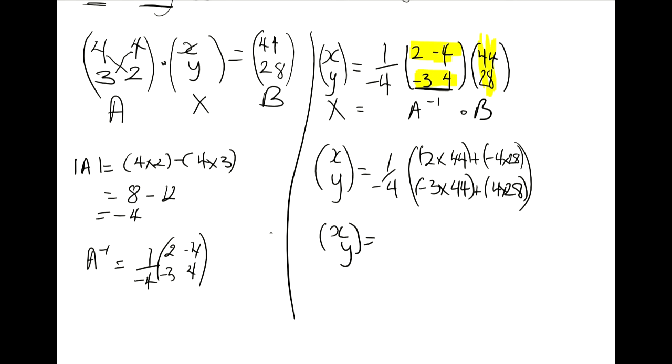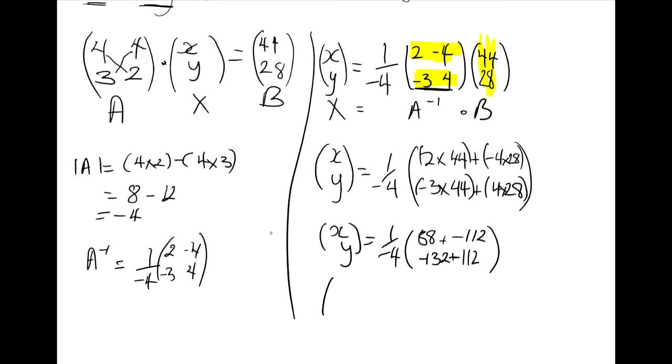Let's see what we get. 2 by 44 gives you 88, and then plus negative 4 by 28 gives you negative 112. 3 by 44 should give you negative 132, because the 3 is negative, plus 4 by 28, again, is 112.